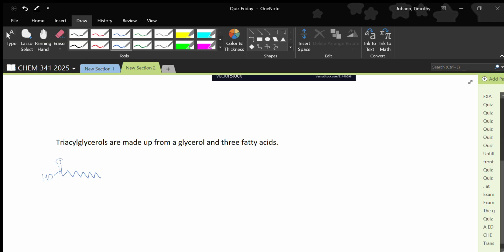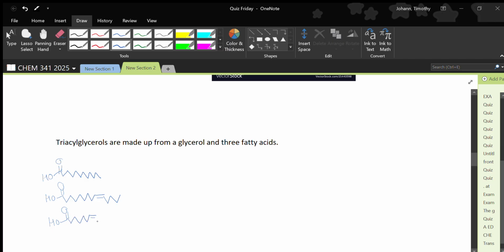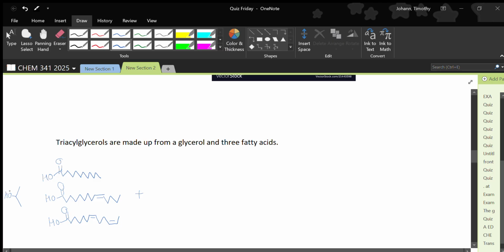So we could imagine we'd have 3 fatty acids, and they don't have to all be the same. In fact, some of them can have double bonds in them, or they could have more than one double bond. And that's going to react with a glycerol molecule.